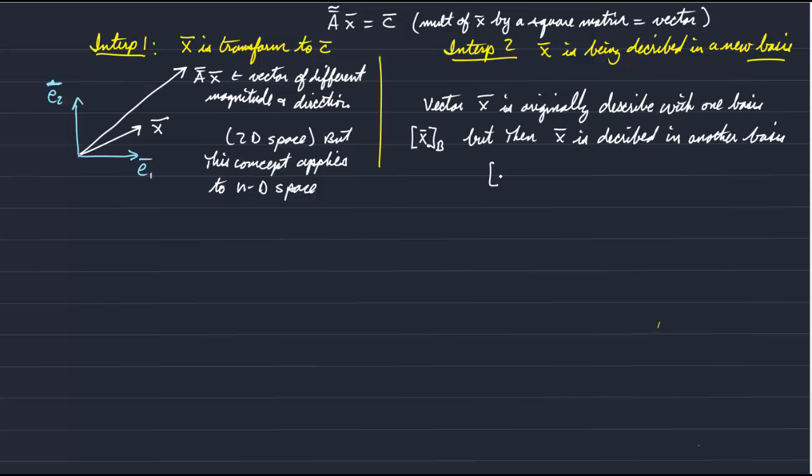So we would take x described in one basis and multiply it by a matrix, and that would give the resulting same vector in another basis.